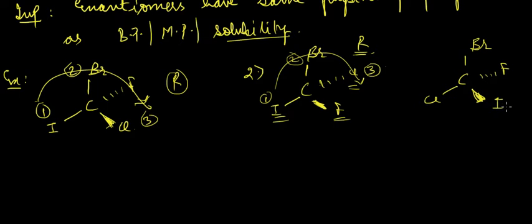So what would be the configuration of this enantiomer? Again, first, second, third. So if we again draw the structure, it would be something like this. So it would be S.